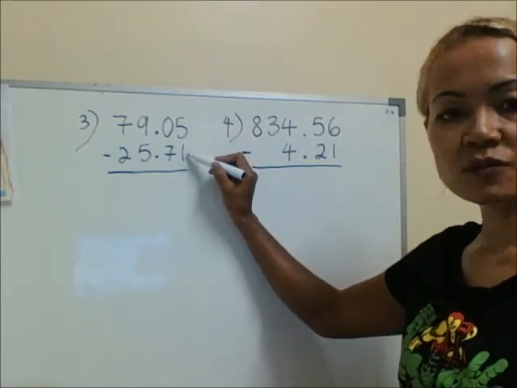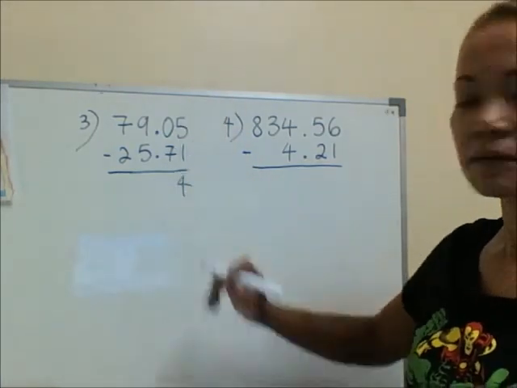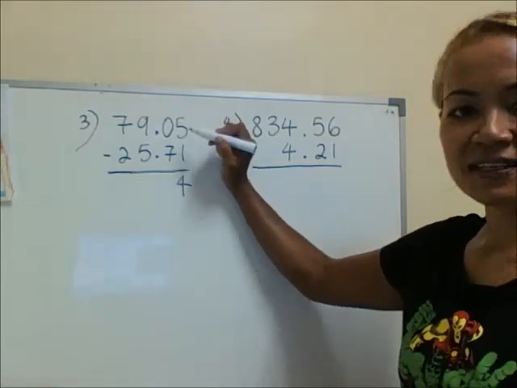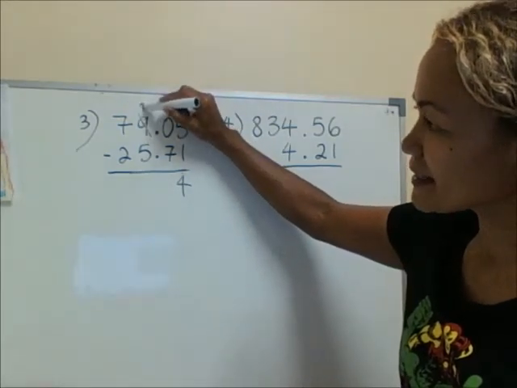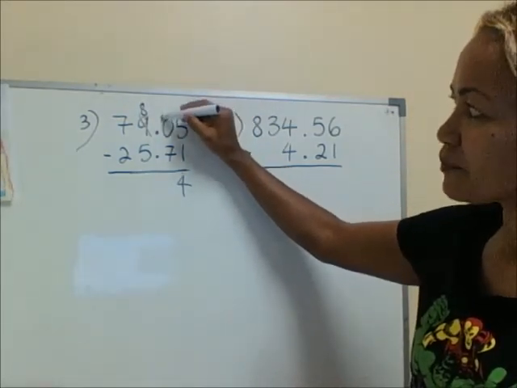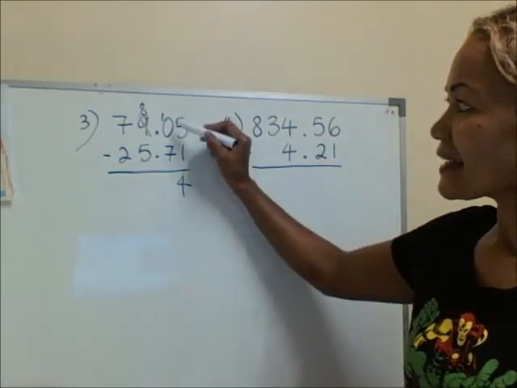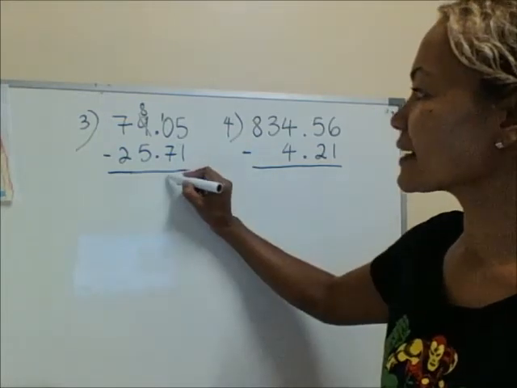5 minus 1 is 4. That's in the hundredths column. 0 minus 7. Now you've got to borrow from the next one. So this 9 becomes 8. And you borrowed 1. So that becomes 10. 10 minus 7 in the tenths column gives you 3.